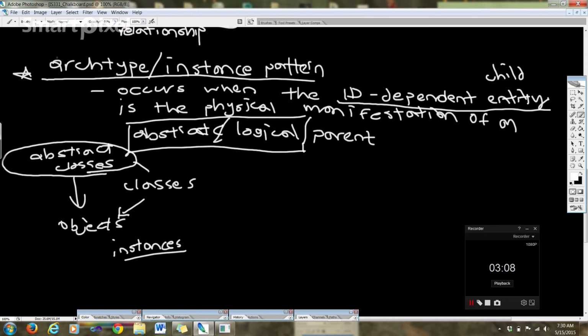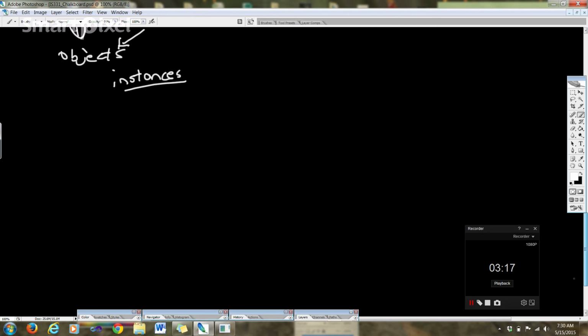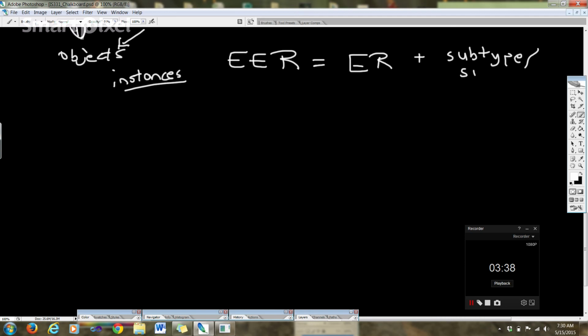So the concept's a little bit advanced, but we're just going to continue moving forward to more conceptual design material, and this is in regards to database design. An EER, an extended entity relationship diagram, I believe an extended ER pretty much equals an ER plus subtype or supertype.